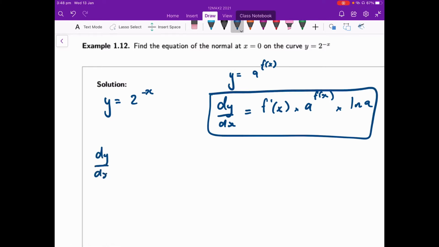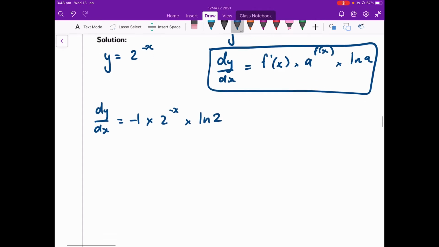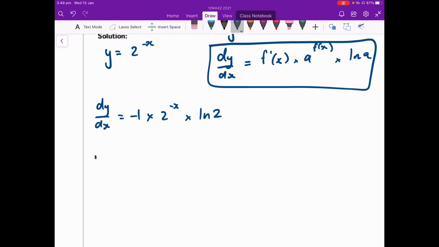So dy/dx here: differentiating the power gives -1, multiplying that by the original function, 2 to the minus x, and then multiplying that by ln 2. Brilliant, so that's our first derivative. Now, for the normal, we first need the gradient of the tangent.